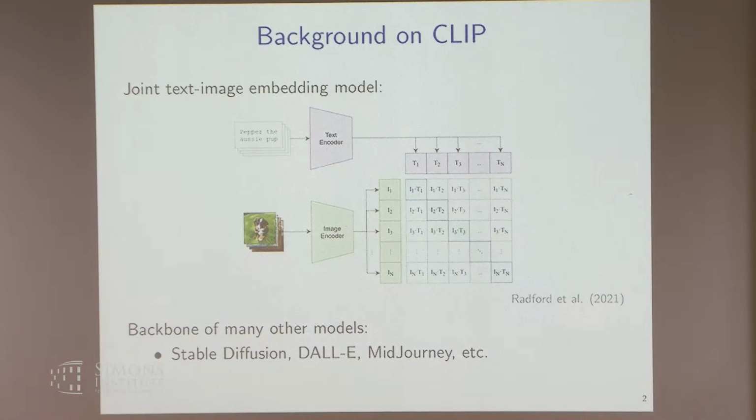Or, more commonly, you would use this to generate an image from text by embedding the text and then doing some kind of gradient flow over images to maximize the cosine similarity. And this is how, if any of you have played around with DALL-E or Sora or GPT-4V, all of these work. They either use CLIP or some other model that is trained in a similar way to CLIP.